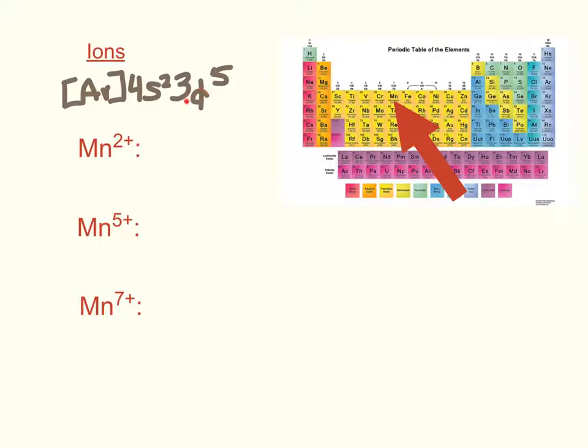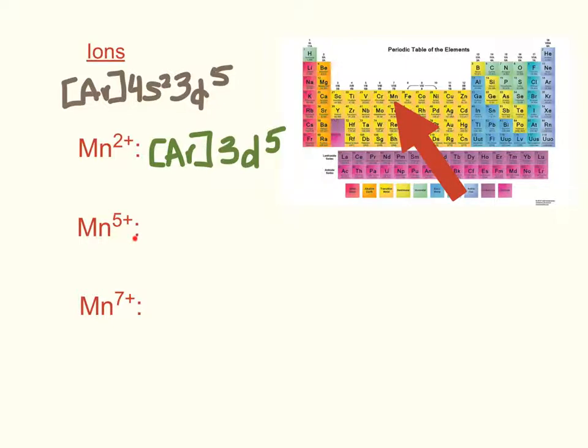So either I can change this to d3, which would be completely yucky and gross, or I can just get rid of this altogether, which is a much better option. And so I'm going to go there. So I'm going to say that this one is Ar. Now my 4s2 is gone, but I still have remaining a 3d5. And that makes it a +2 ion.